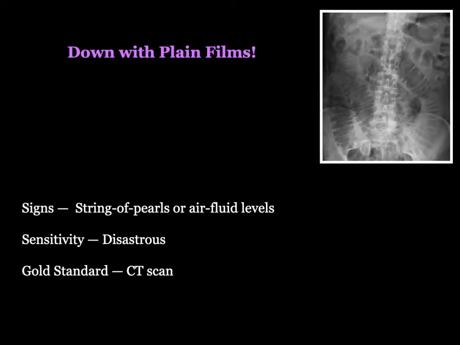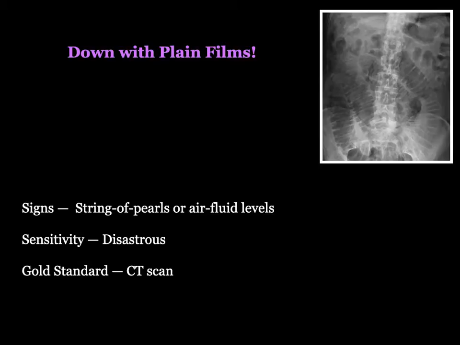When I was a resident many moons ago and I was concerned that a patient had a small bowel obstruction, the surgical consult service would often ask for x-rays. An x-ray essentially has a sensitivity of somewhere between 40 and 50%, so you might as well toss a coin if you want to determine if the patient has a small bowel obstruction or not.